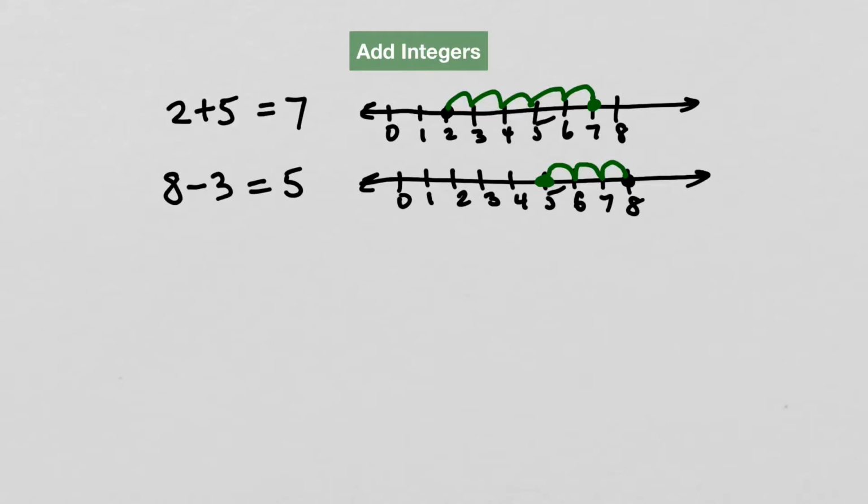Now we're going to add a little variation. What do I mean by that? Let's say 4 minus 6. What does that equal to? Let's use the number line.